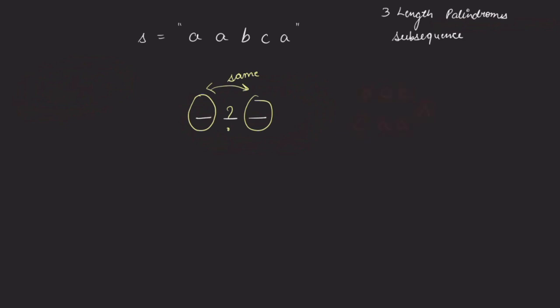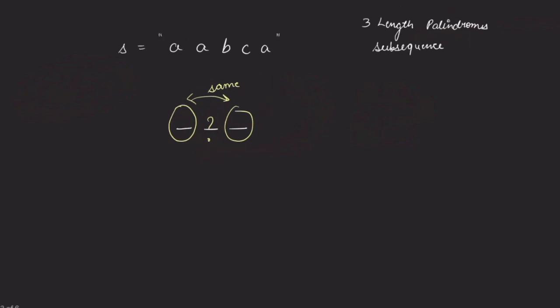It is not a palindrome. But if my first and last letter are the same and in between I have anything, it will be the same after reversal also. So for a 3 length palindromic subsequence, the first and the last character have to be the same, and in between there can be any character.